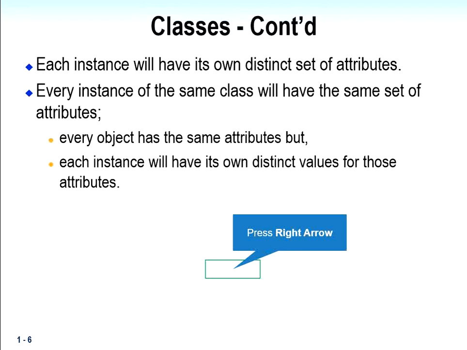That is what this means. This means that each object, each instance, will have its own distinct set of attributes. Alright. So every instance of a class will have the same set of attributes.